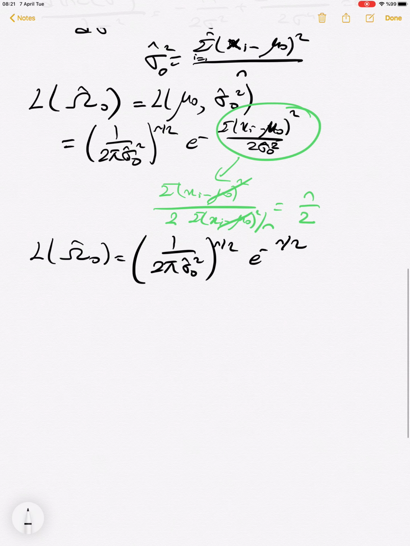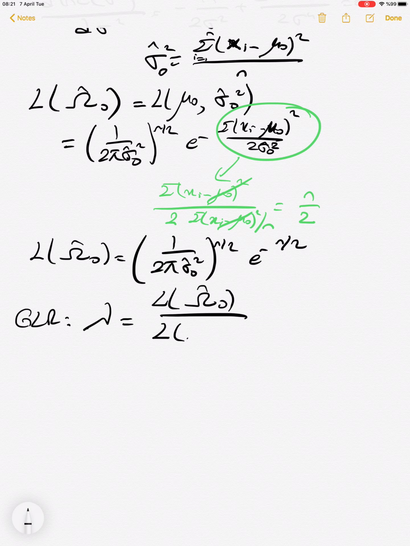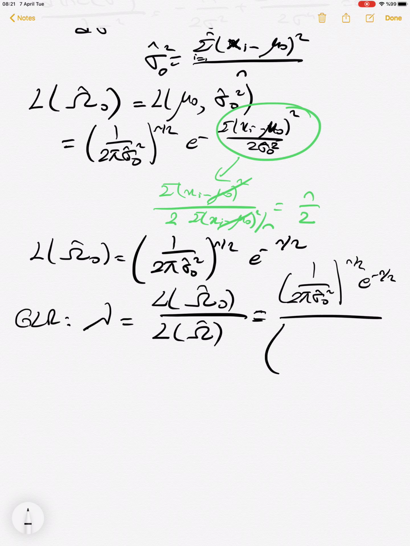Okay, so now our generalized likelihood ratio will be lambda, where we get the ratio of these. In the numerator we have this one, n over 2, e to the minus n over 2, and in the denominator we have s square, n over 2, e to the minus n over 2.